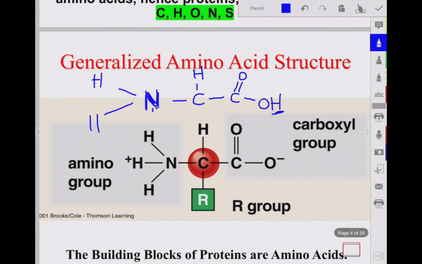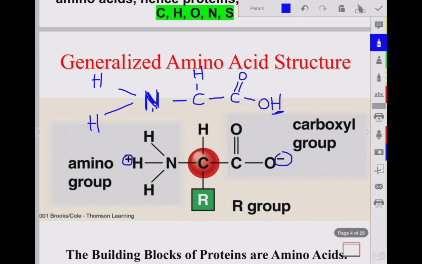Now, there's room for 2 hydrogens on the nitrogen, but every now and then it'll take on a third. And you see the end is a little bit more positively charged, right? A hydrogen is essentially a proton. So under different pH levels, if it takes on an additional hydrogen, that end would be positively charged. And this end, if it lost a proton, would be a little bit deficient. It would be a little bit negatively charged.